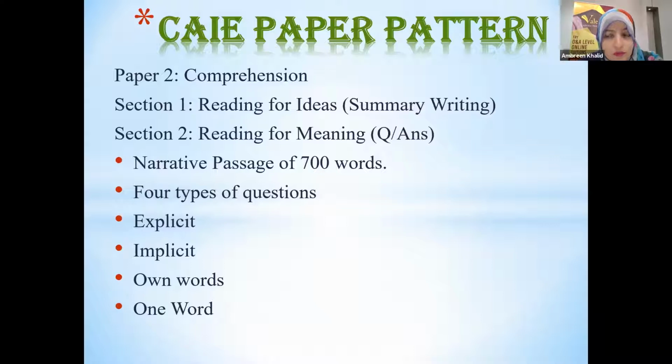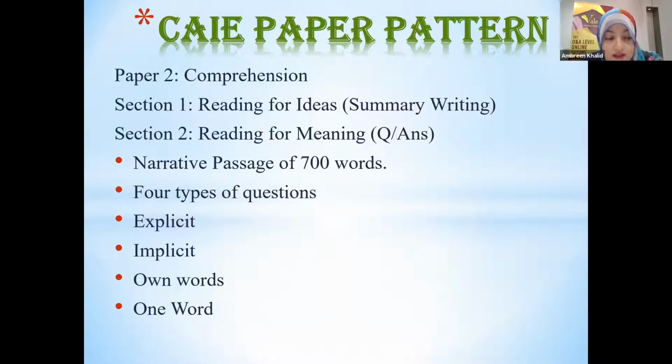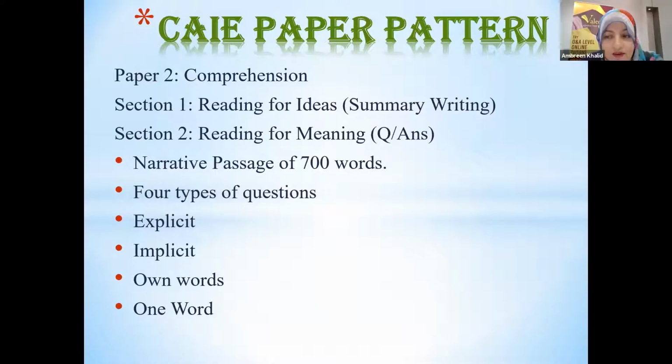What are you supposed to do in this type? Just write one word from the passage to answer the question. If it says single word, that means single. If it says consecutive, it will be written consecutive 3 words or 2 words.